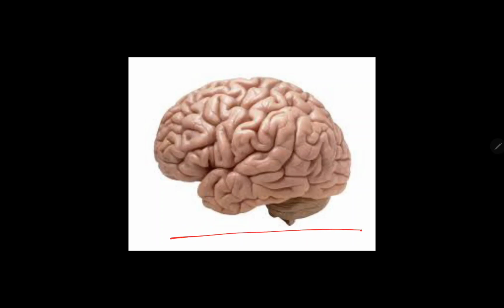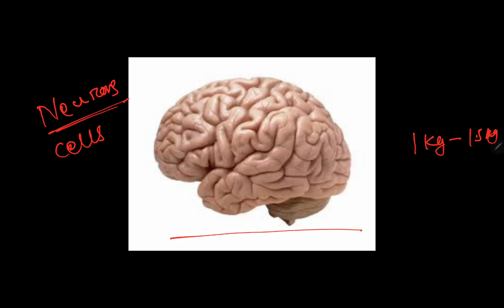The brain of an adult weighs between 1 kg to 1.5 kg. It is mainly composed of neurons. Neurons are the cells. The structure is like this.